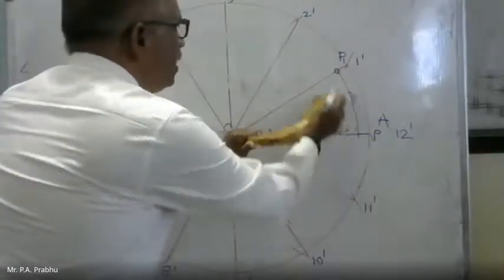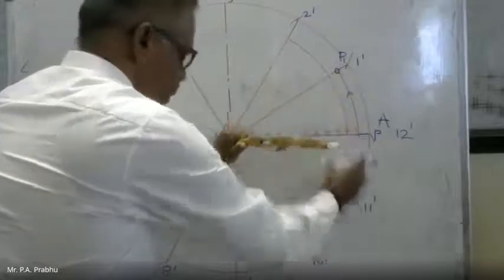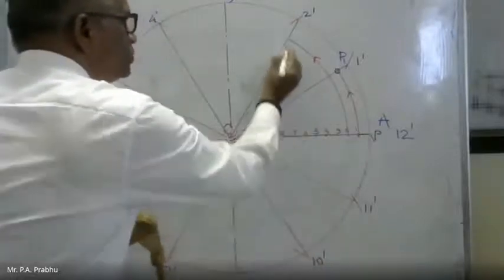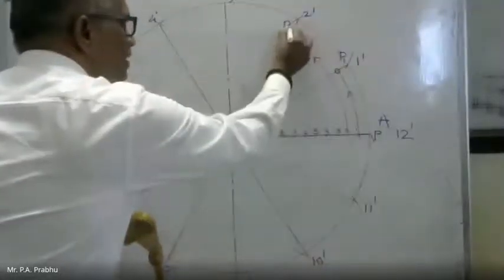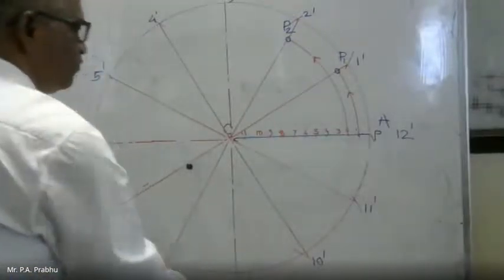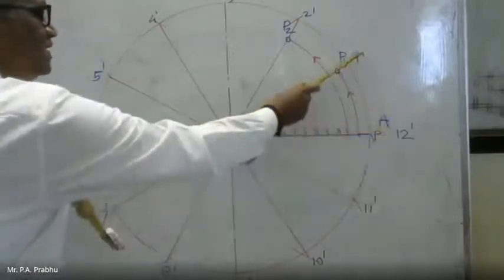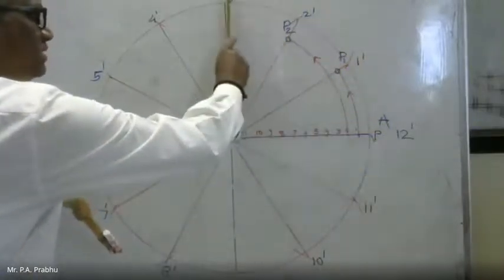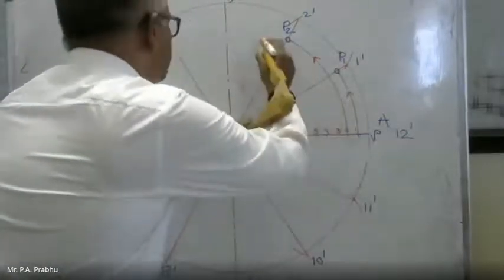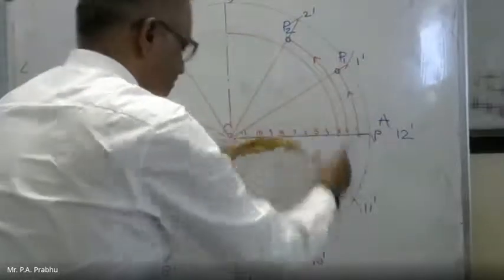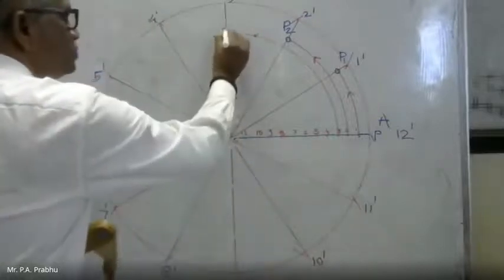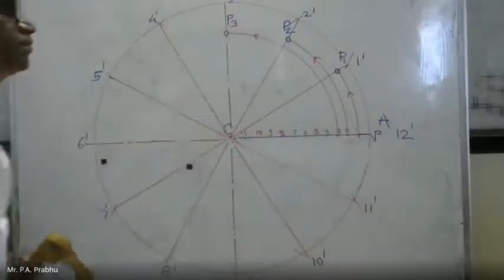Take O2 as a center, draw the curve, and mark the new position of point P as P2. Again, the first position of the line is this one, second one this one, third one this one. Take a radius equal to O3, draw the curve. This is P3.